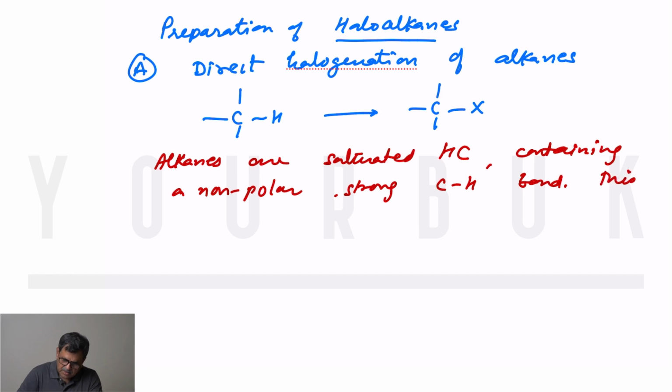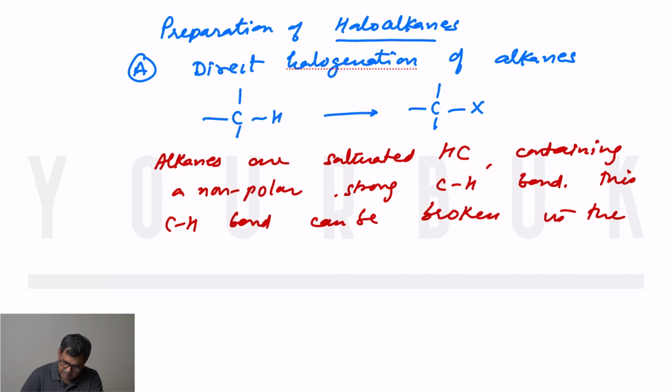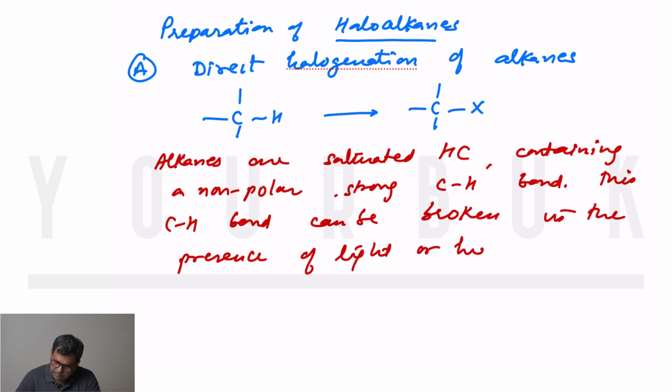So this C-H bond can be broken only in the presence of light. Any light you can write, UV light, sunlight, bright sunlight, diffuse sunlight, light or high temperature, or we sometimes write both. And the bond will break up homolytically, gives the radical.